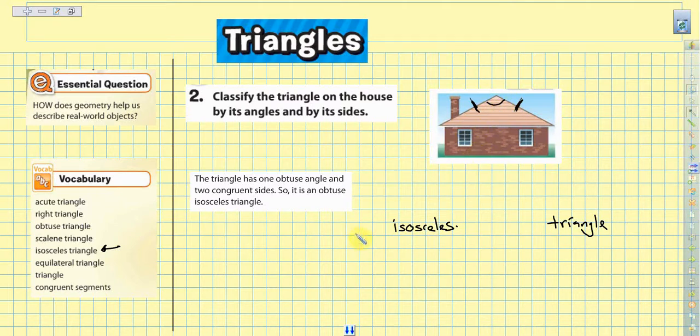And so that's obtuse. So basically what I have is an obtuse isosceles triangle. When you're naming these, classify it by the angles first, that was obtuse, and then by its sides, isosceles. So it either has two sides that are the same, all the sides are the same, or none of the sides are the same.